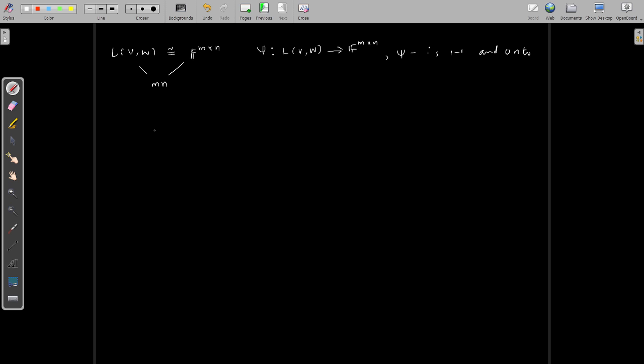We already discussed the matrix representation of elements of L(V,W).